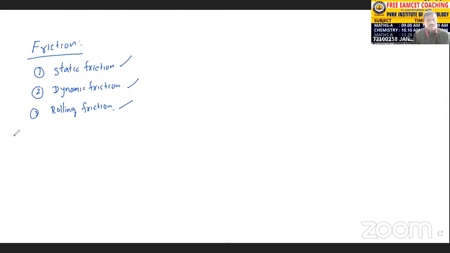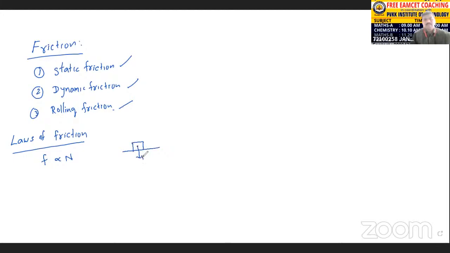Now the laws of friction. We know that frictional force is directly proportional to normal reaction. This is a horizontal surface. Mass m of the body is placed on the horizontal surface.